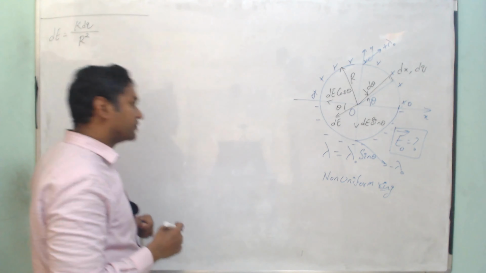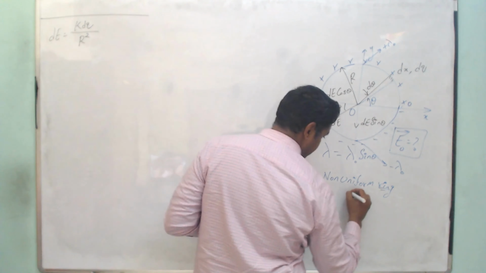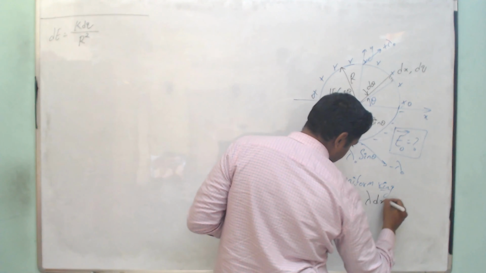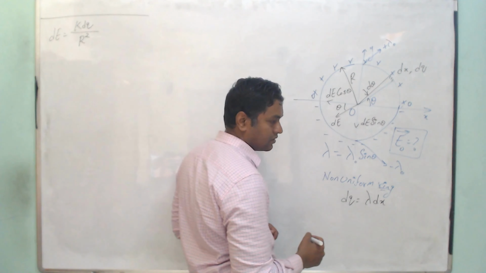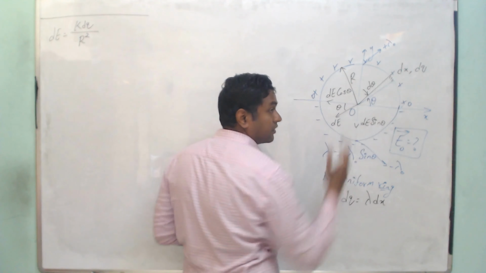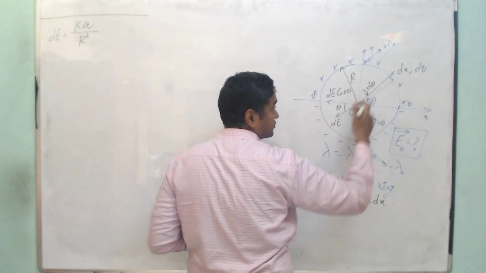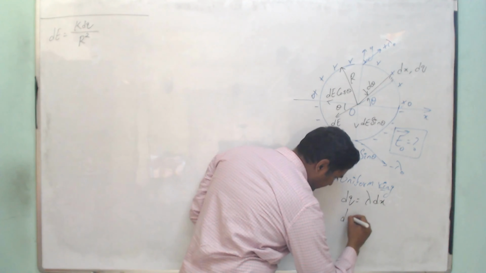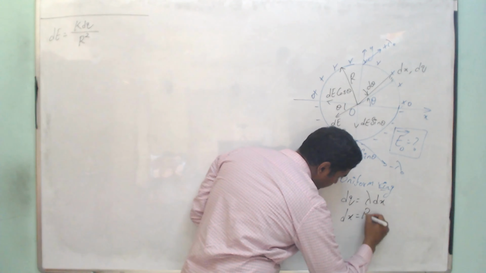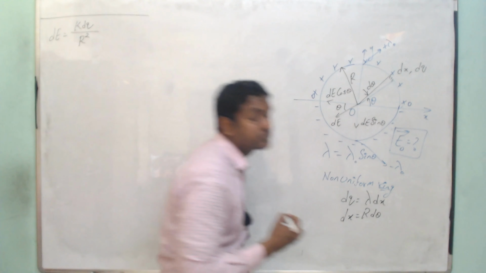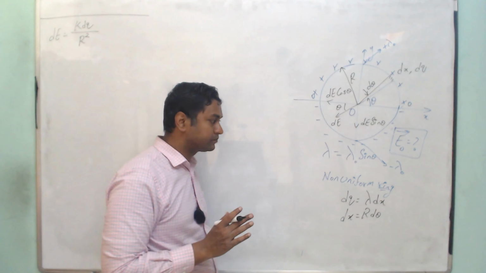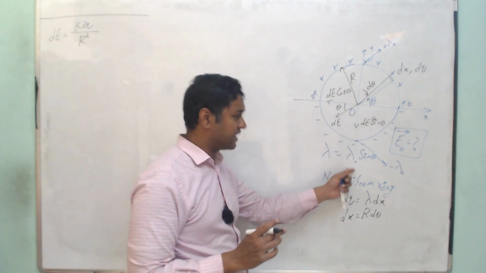But dq itself is lambda into dx. But if you remember this small arc, I can write dx is equal to r d theta. We have used this earlier. Right? And lambda is given as lambda naught sin theta.